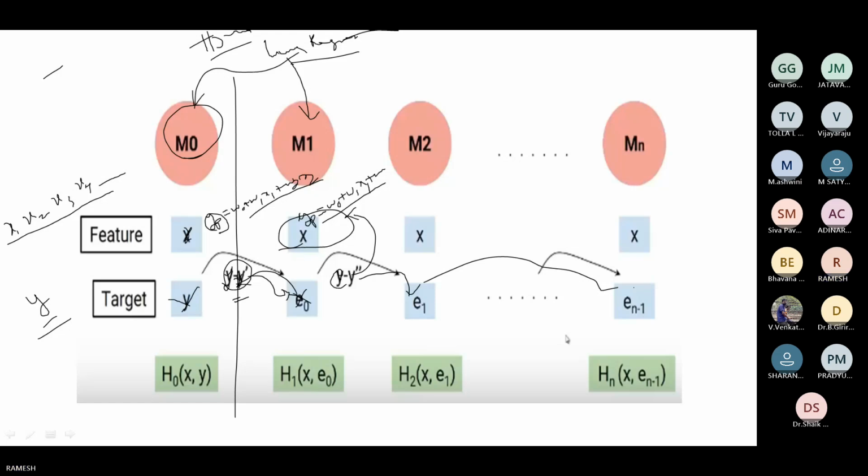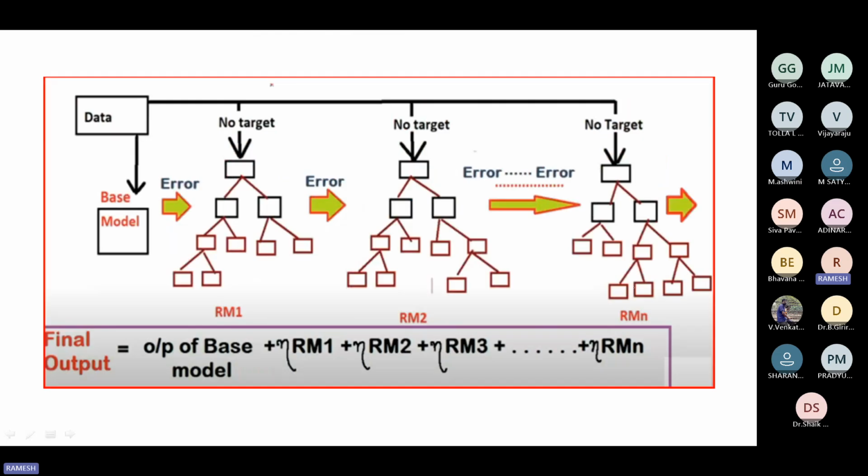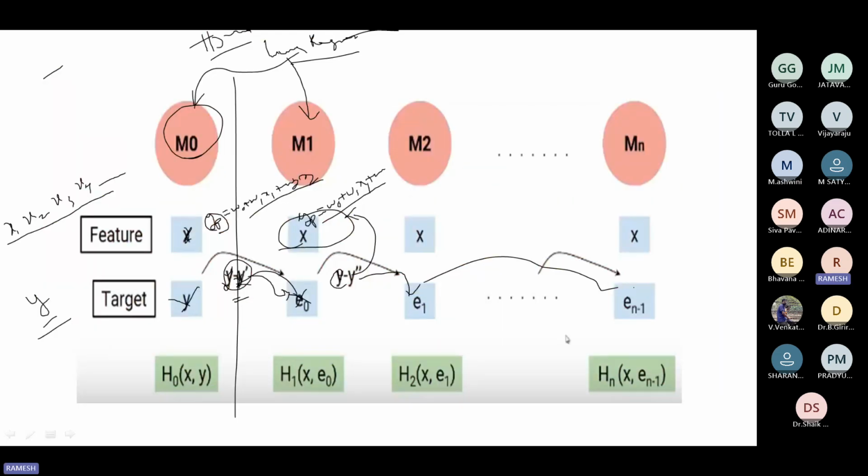So here the complete data set is used sequentially. One model is executed first, and whatever error we got at model 1 is taken as the target variable for the next model. That is the boosting methodology.